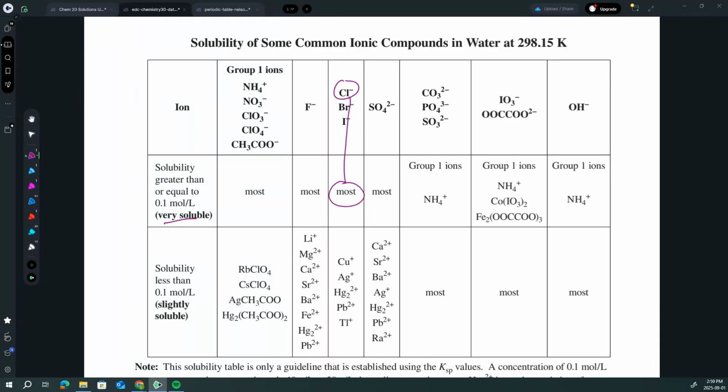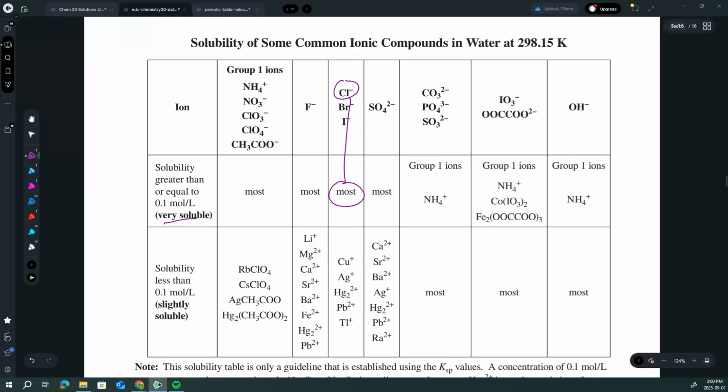However, before we go off and say, yep, sodium chloride is soluble, you just want to double check the list of exceptions to make sure that sodium, or your cation in general, isn't part of the exceptions. Because if you find your cation in the bottom row, it's going to be insoluble.